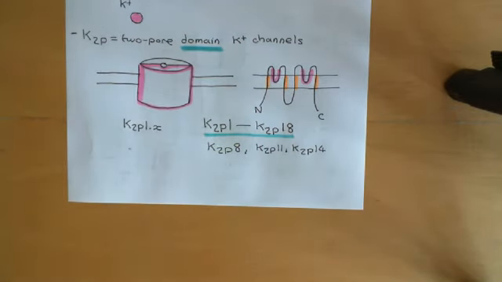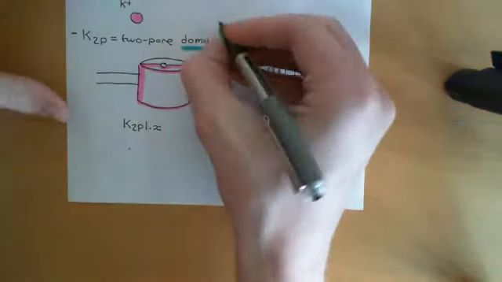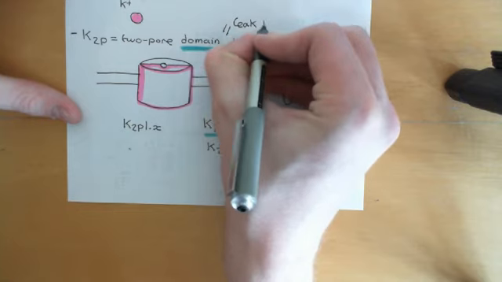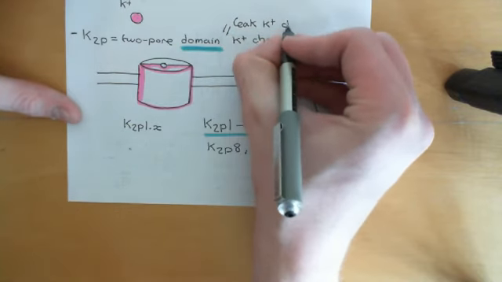Now, before we move on, I should probably tell you what the function of these two-pore domain potassium channels is. Although they are arguably the least famous of the potassium channels, they are actually incredibly important. These are the potassium channels that you learn about in first-year physiology. These are the leak potassium channels that no one ever tells you what they actually are, but these are them.